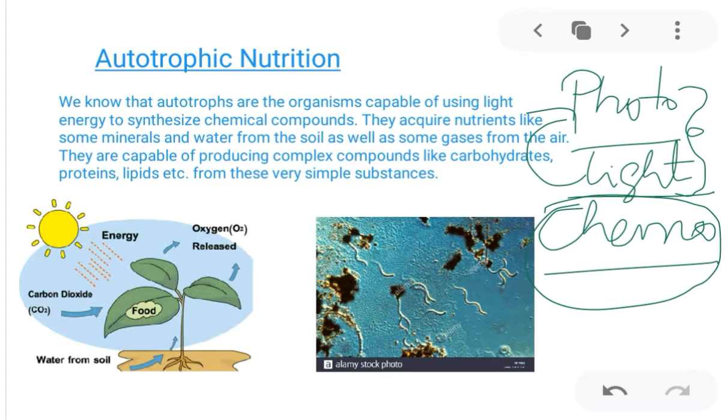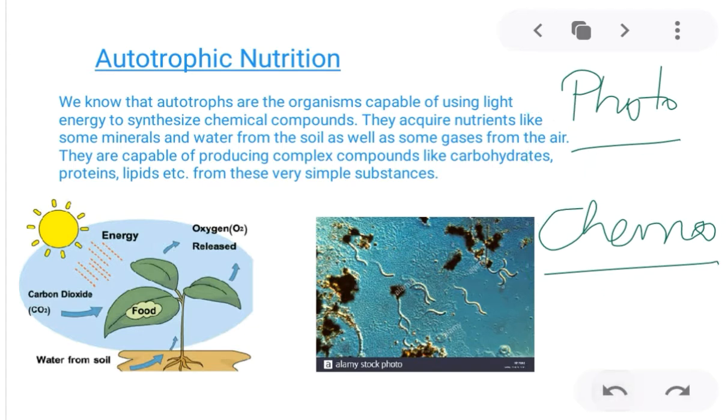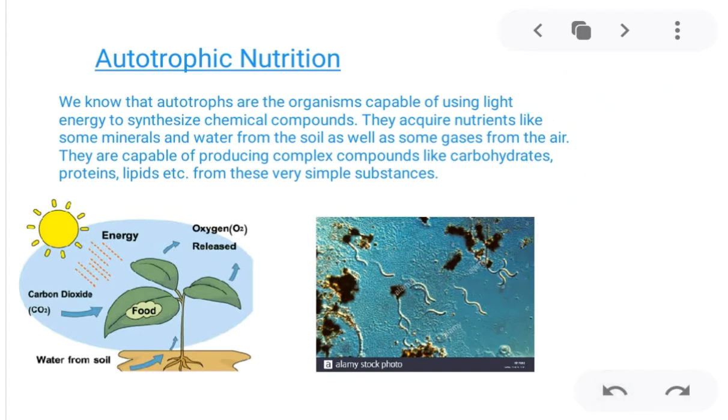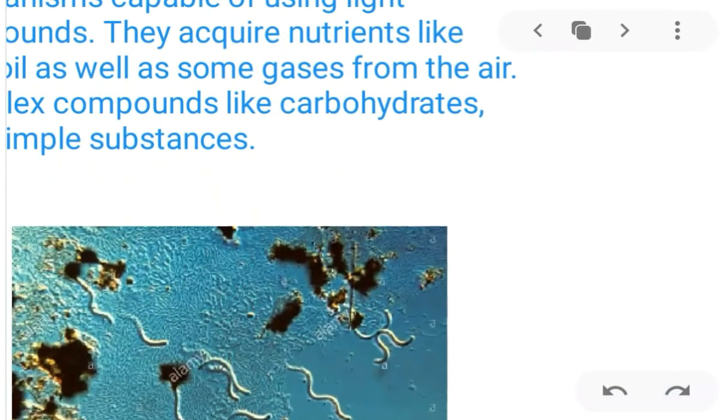So have an idea on what is meant by chemotrophic mode of nutrition. By using chemicals, some of the organisms can prepare their food. They are known as the chemotrophic mode of nutrition. So can you tell me what is the best example for chemotrophic mode of nutrition?